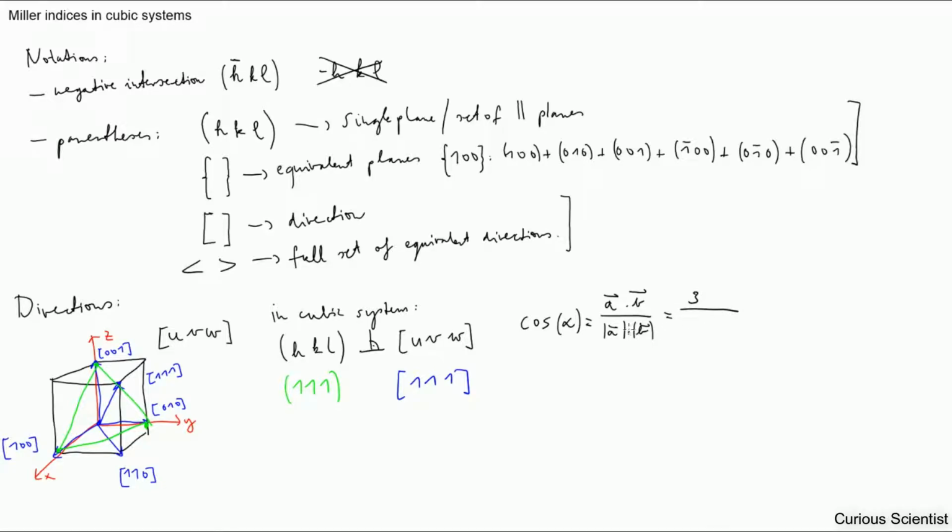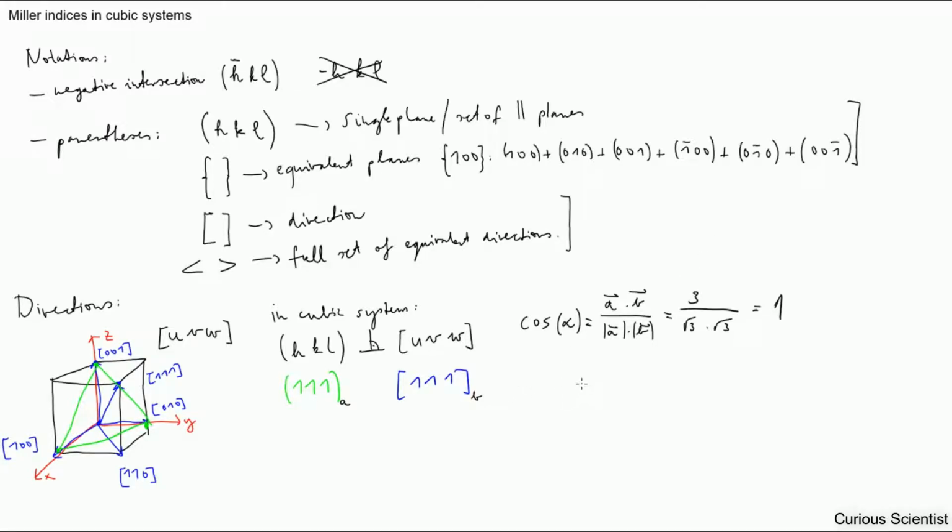And then here is just the square root of A1 squared plus A2 squared plus A3 squared, which is basically the square root of 3. And of course B has the same. Basically, let's call this A and let's call this B. So we do this. And now this will be just simply 1.